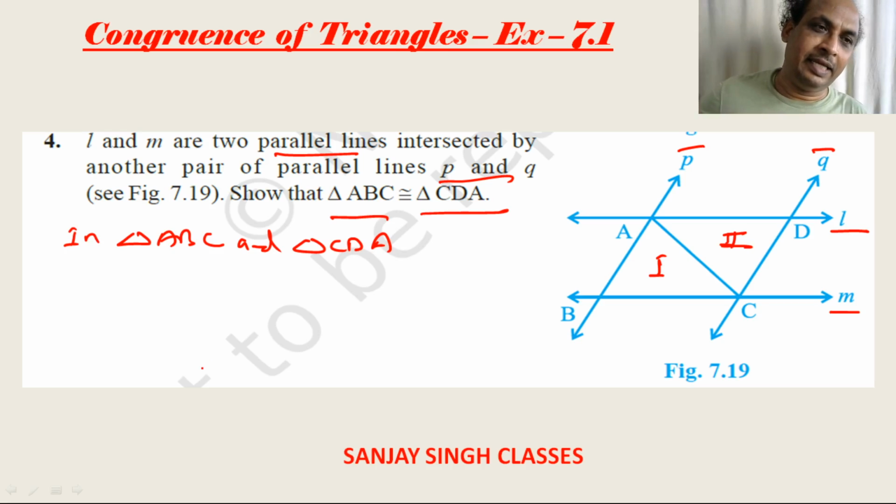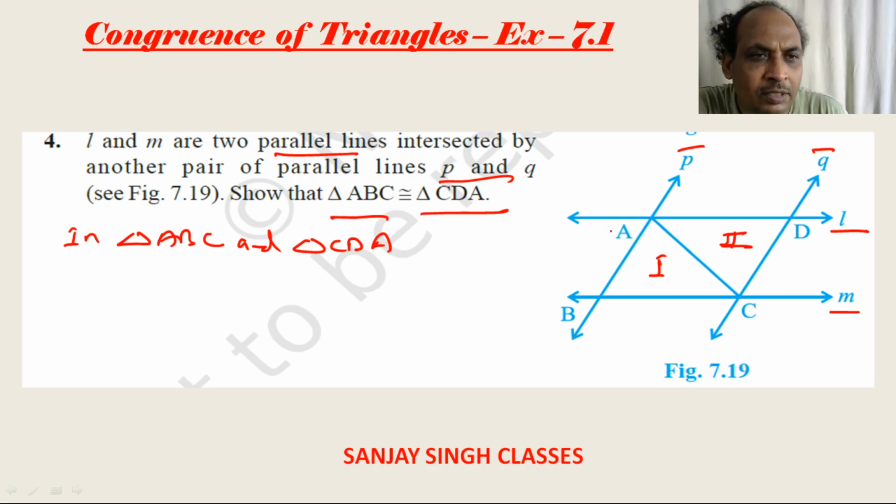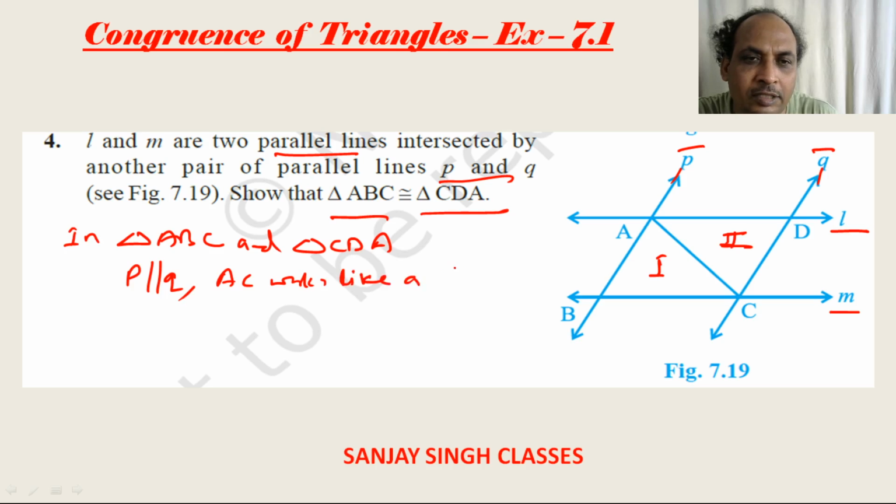So parallel lines are there. It means we need to use some associated angles. We can use alternate interior angles. We can use corresponding angles. We can use interior angles on the same side of the transversal, which are supplementary. Those types of things we can use. Let us see. P is parallel to Q, and AC works like a transversal.